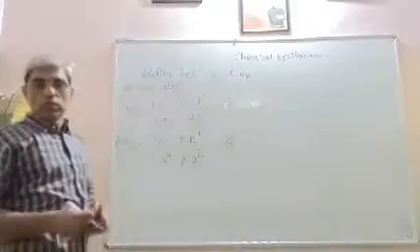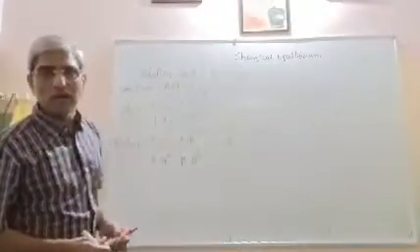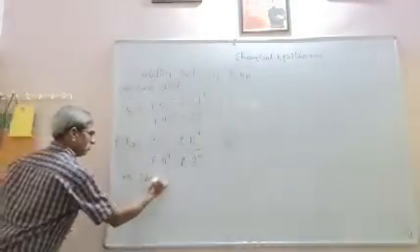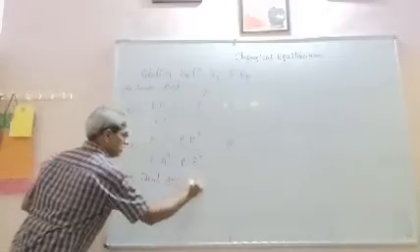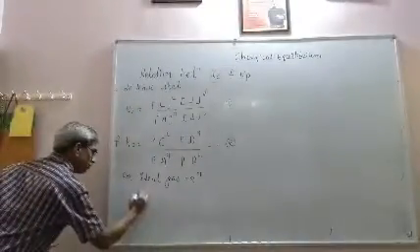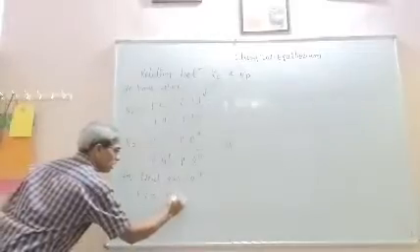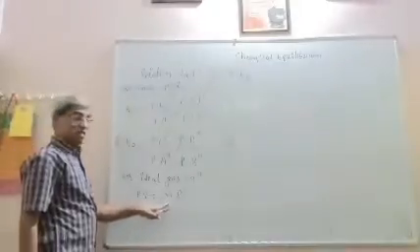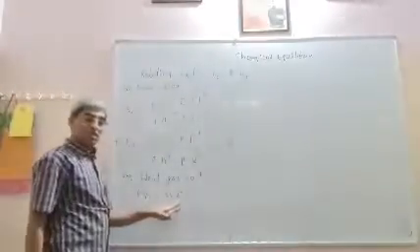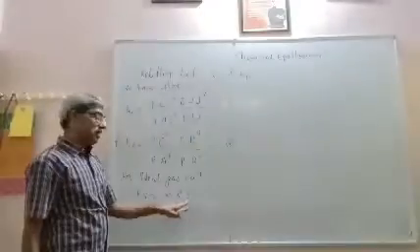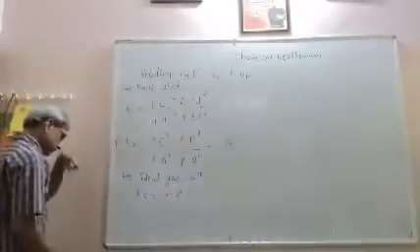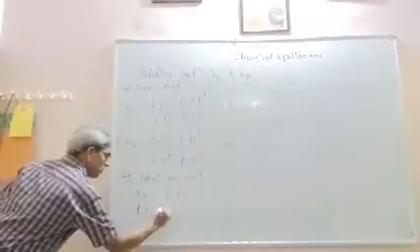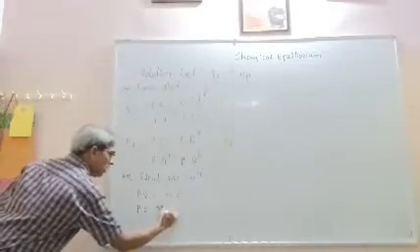Now we know one more piece of information, the ideal gas equation. PV equal to nRT, where P is pressure, V is volume, n is number of gaseous moles, R is the universal gas constant, and T is absolute temperature. Then we can write P equal to n by V RT.